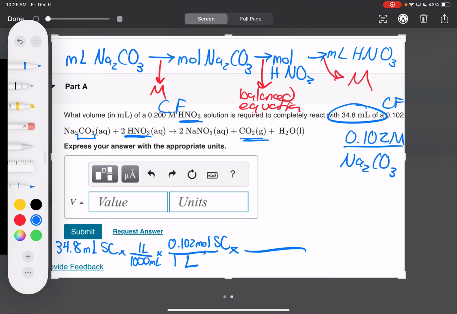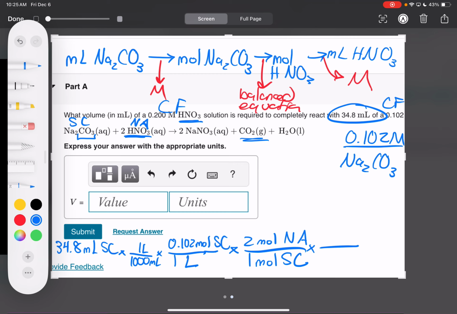Now from the balanced equation, 1 mole of sodium carbonate for every 2 moles of nitric acid. I'll label these Na and SC. Just trying to save space here.